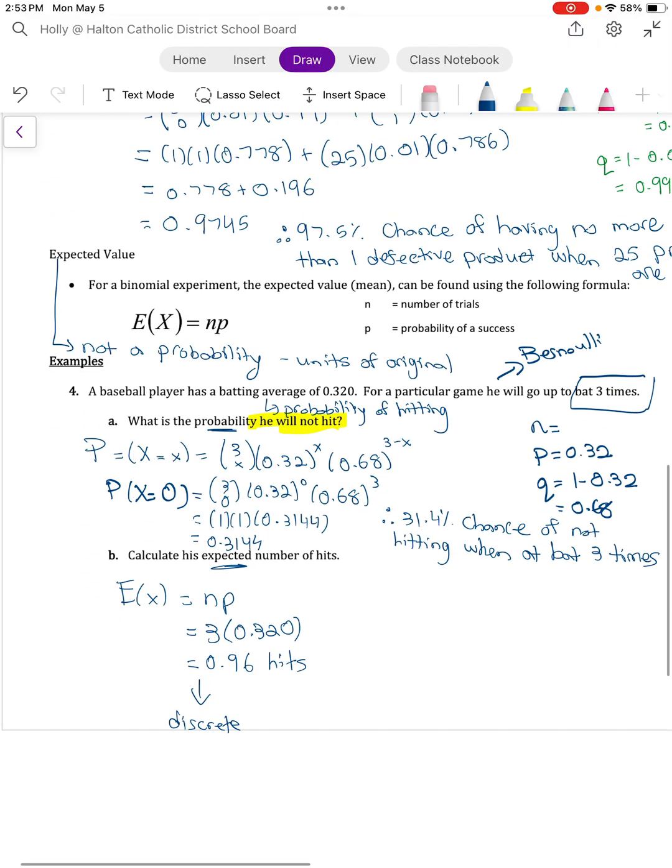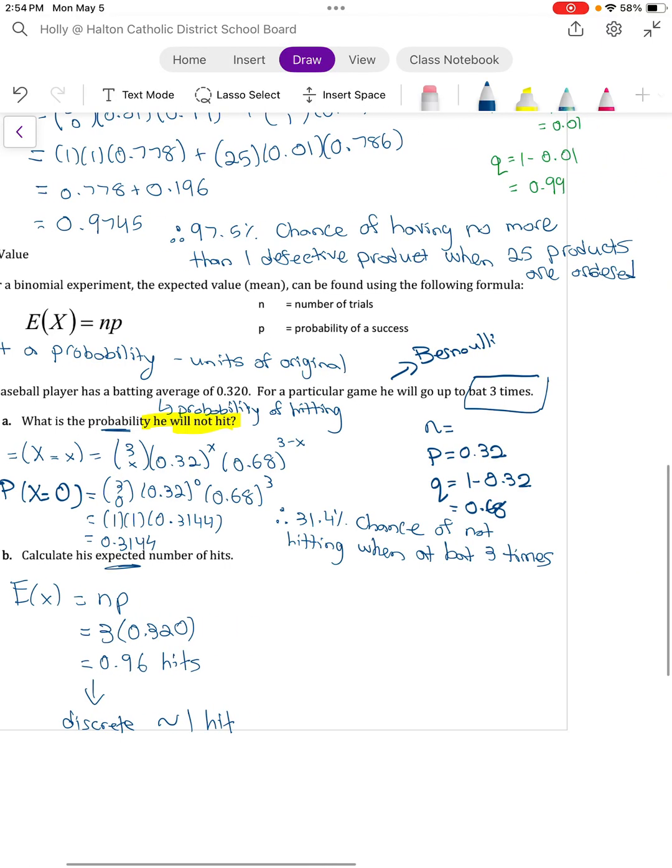We can't have 0.96 of a hit. It's 0 hits or 1 hit. So we approximate this to be 1 hit because of our discrete data. Therefore, we'd expect 1 hit when he goes to bat 3 times. And that is lesson 2.